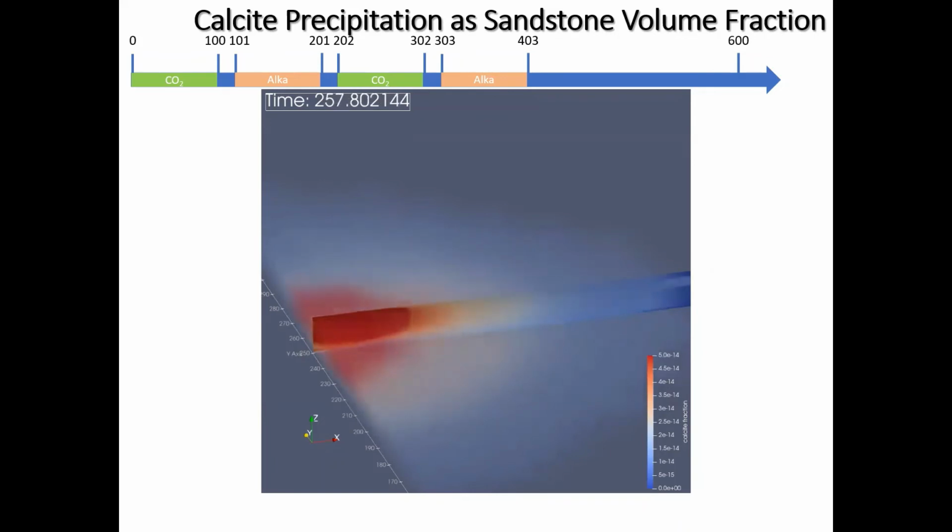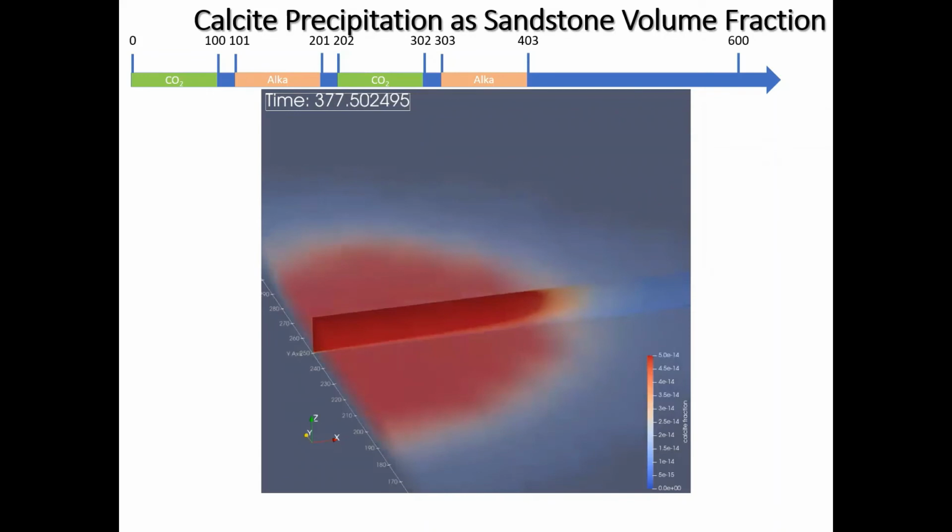So what I'm trying to say is that you can counteract the negative effect of the dissolution of calcite from the acidic front by introducing alkaline water, which allows more calcite to form at a greater rate. Otherwise it forms in geologic time, which is over many, many years. You can reduce this to hundreds of days and increase your calcite precipitation.